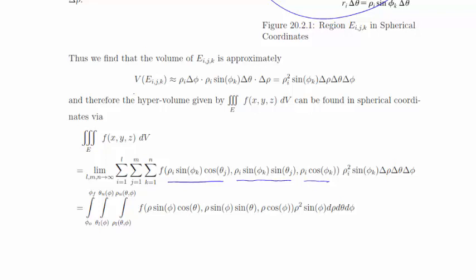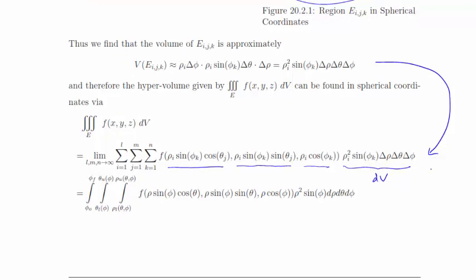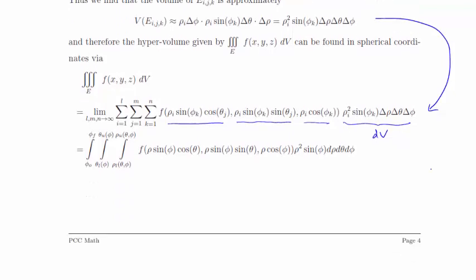And then essentially the dV equals all of this, and that comes from what we had done above, multiplying those side lengths together in order to get the volume of E sub i, j, k. And that's what allows us to get this formulation in spherical coordinates.